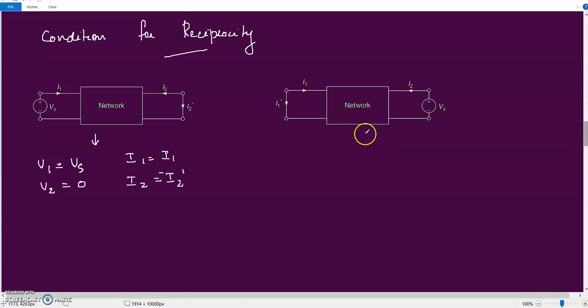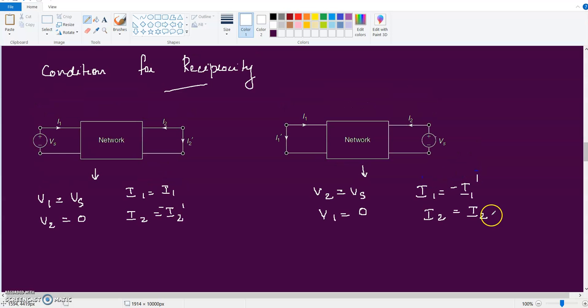In this circuit, let's see. V2 is equal to Vs. V1 is equal to 0 because it's short circuited. I1 is equal to minus I1 dash, and I2 is equal to I2 itself.